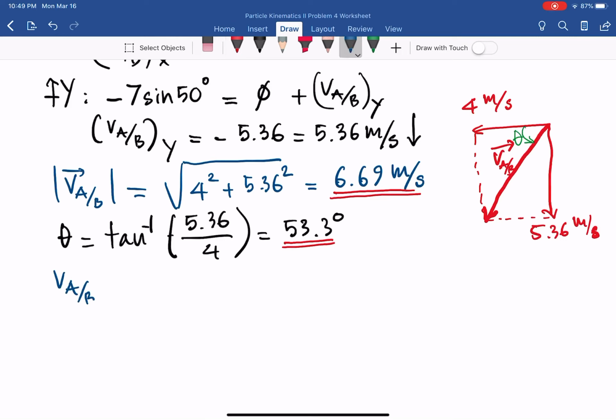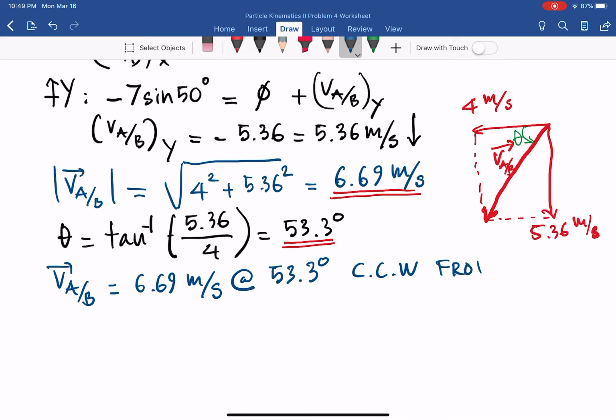VA relative to B equals 6.69 meters per second at 53.3 degrees, counterclockwise from the negative x axis.